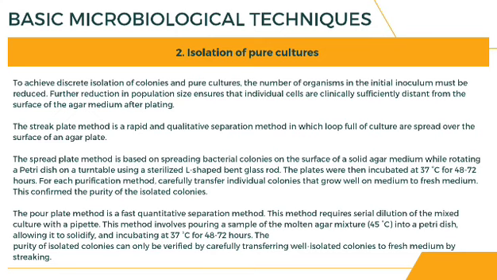The spread plate method is based on spreading bacterial colonies on the surface of solid agar medium while rotating a turntable, using a sterilized L-shaped bent glass rod. The pour plate method is a fast quantitative separation method that requires serial dilution of the mixed culture with a pipette. This method involves pouring a sample into molten agar in a petri dish, allowing it to solidify and incubate. Purity of isolated colonies can only be verified by carefully transferring well isolated colonies to media by streaking.